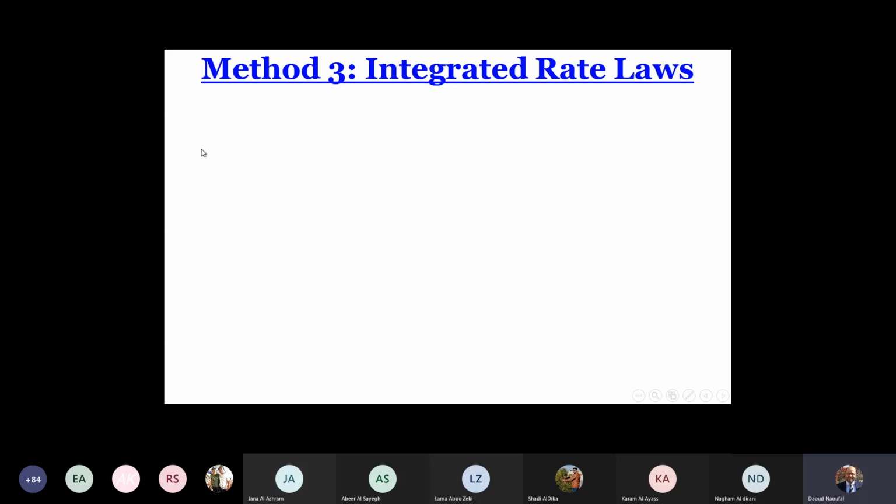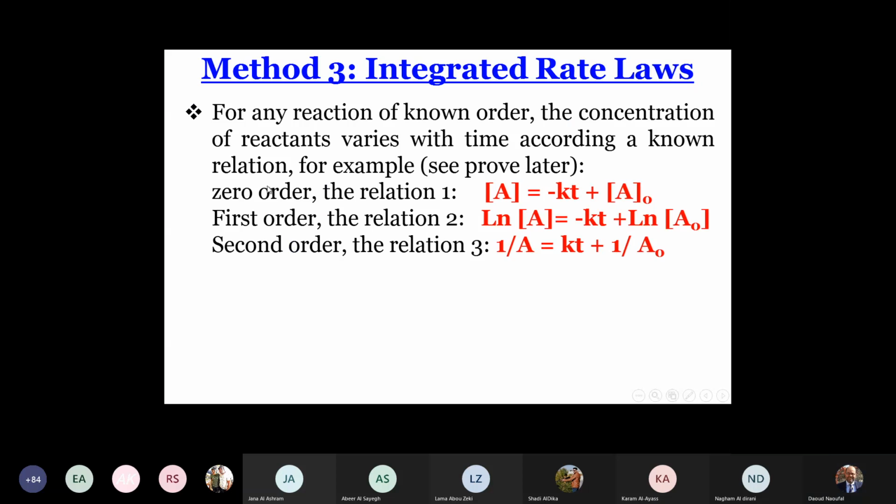The integrated rate law: for any reaction of known order, the concentration of the reactant changes according to time. For example, for a reaction of zero order, the relation between the concentration and time is given by concentration of A equals minus kt plus A0.